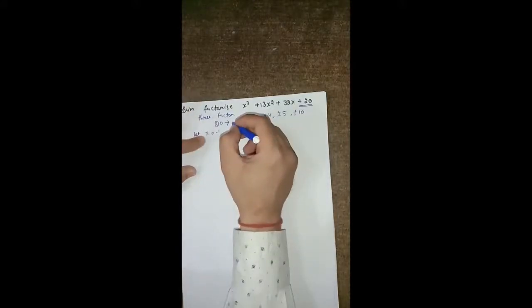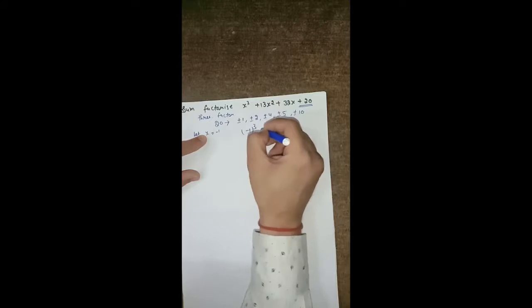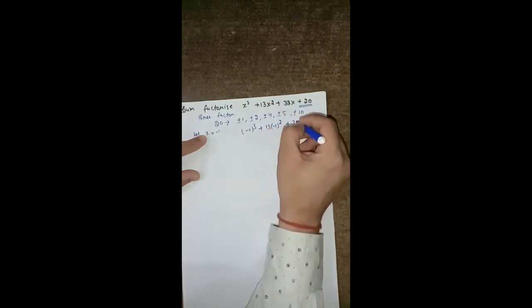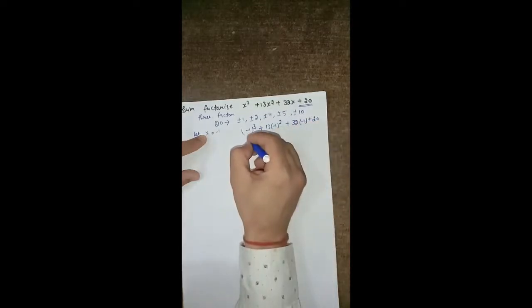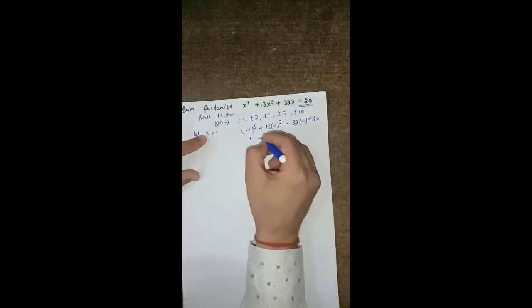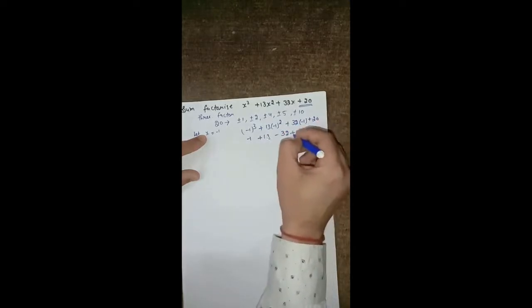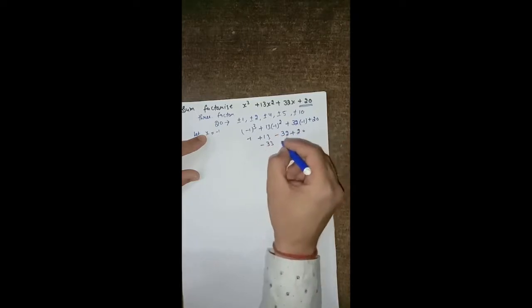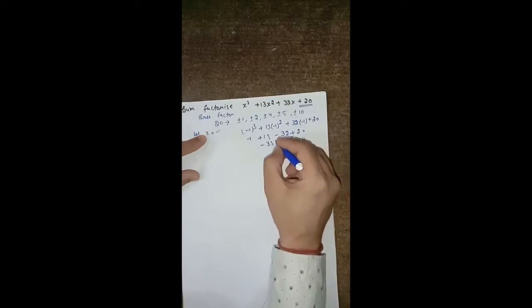If I put the value x equals minus 1, then I will get minus 1 cube plus 13 into minus 1 square plus 32 into minus 1 plus 20. This will become minus 1 plus 13 minus 32 plus 20, which is minus 33 and 13 plus 20 is plus 33. This gives 0.